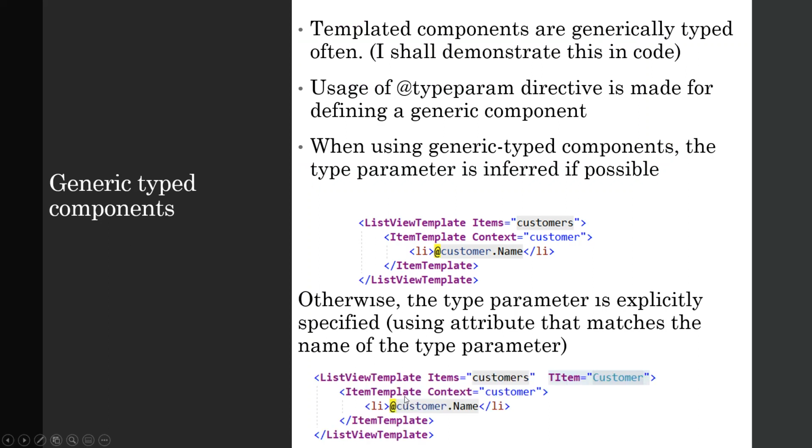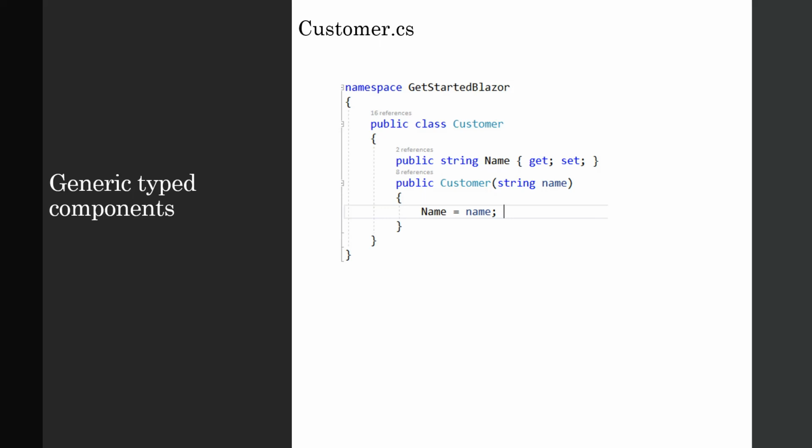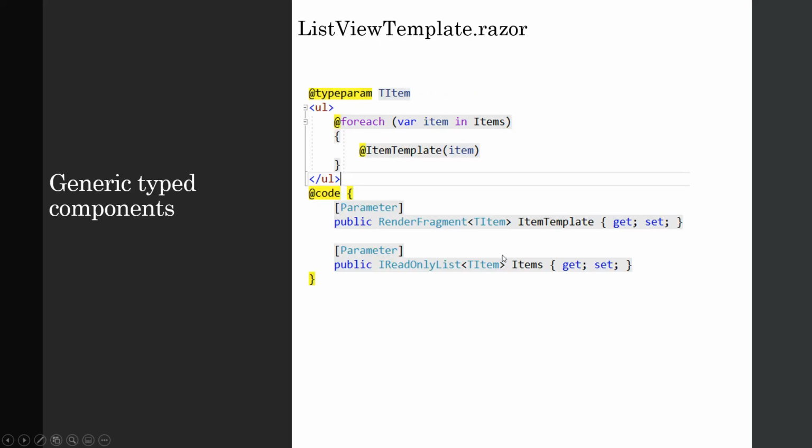So this was the code for the customer class. We have kept just one property to populate the list item. Then the list view template dot razor, the list view template component, which was a child component, uses at type param T-item, and then this at foreach loop. It is populating the unordered list, and these are the render fragment type returning item template and IReadOnlyList of items.